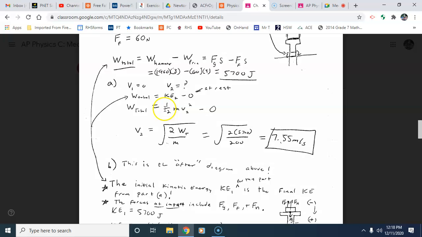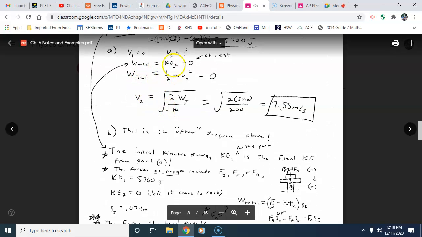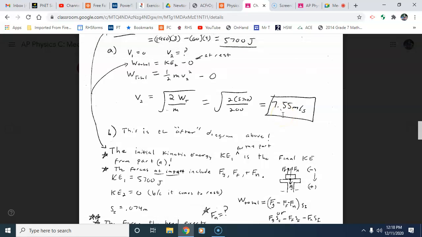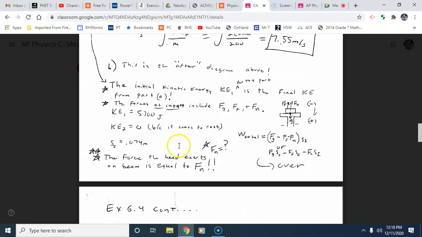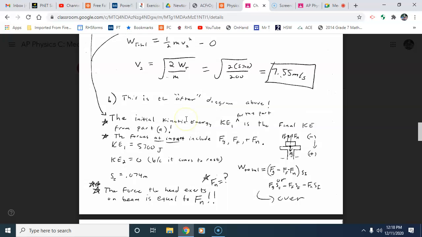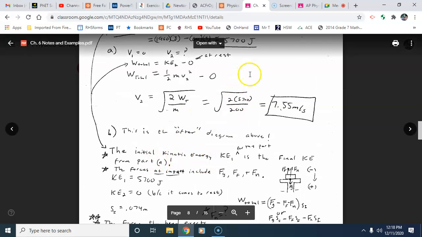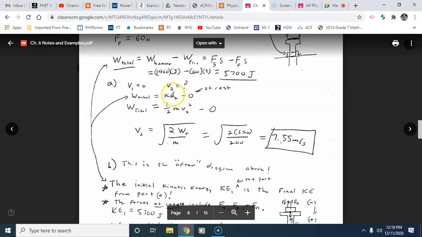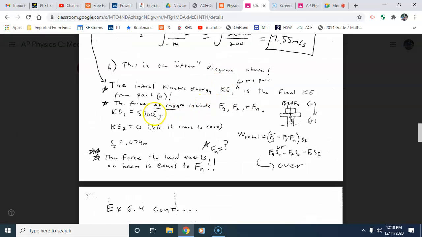And all that 5,700 joules through the work-energy theorem transfers to its final kinetic energy, which is also 5,700 joules, which created that 7.55 meters per second of velocity we found. So the kinetic energy on impact initially for part B is really the final kinetic energy from part A. It transfers over. Then it drives a little bit into the ground and comes to rest again. So my KE2 is 0 this time.